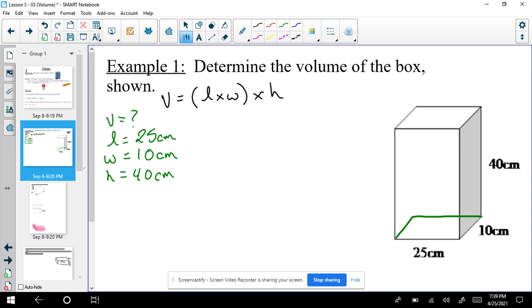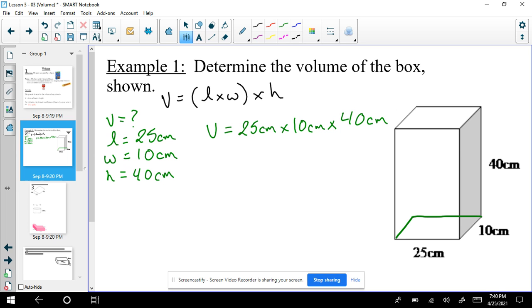Then I just take my information and plug it into my equation. My volume equals my length, which is 25 centimeters, times my width, which is 10 centimeters, times my height, which is 40 centimeters.